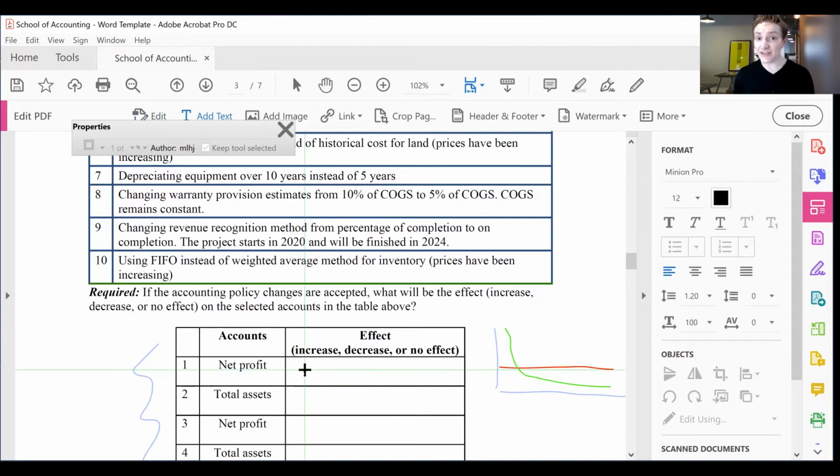Now that's not to say there's a problem necessarily. This is going to be non-cash net profit. The cash flows, however, could ultimately go up because the firm's tax payable could potentially go down. But that's another issue entirely. Just looking at net profit here, it's going to decrease because our expenses would have increased.